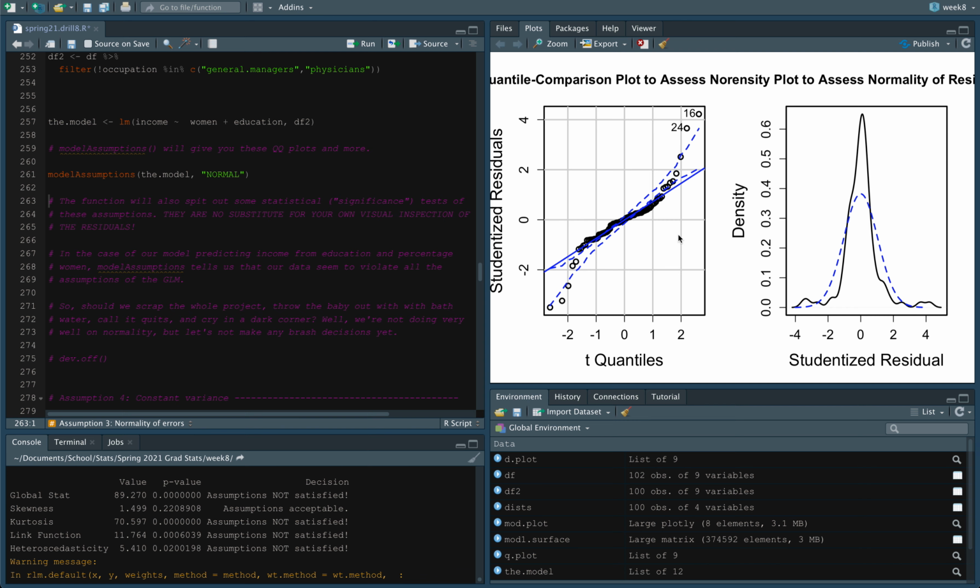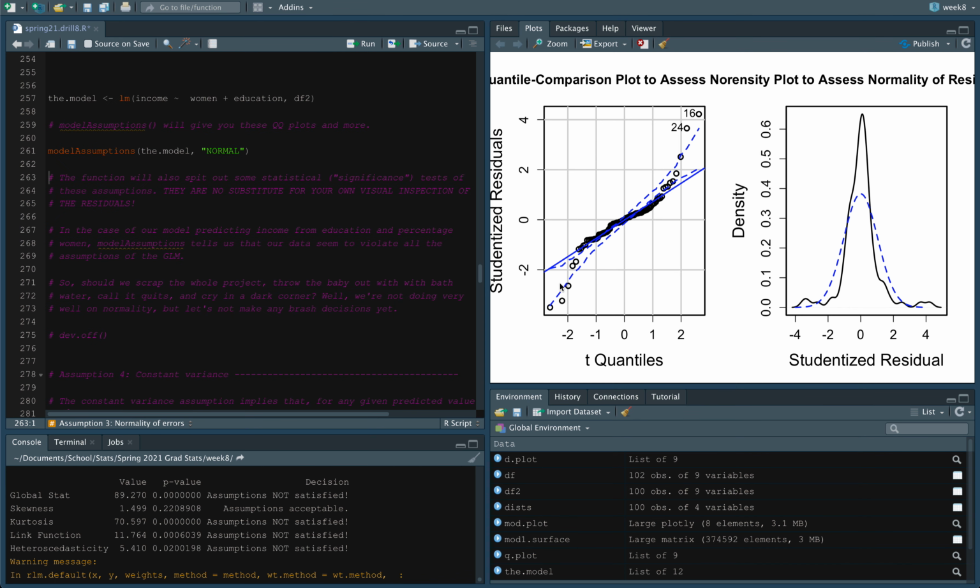In this case, though, when we look at it, this doesn't look good. Again, we'd want our dots to fall basically along this line here, but you can see these dotted lines, which are a lowess band.